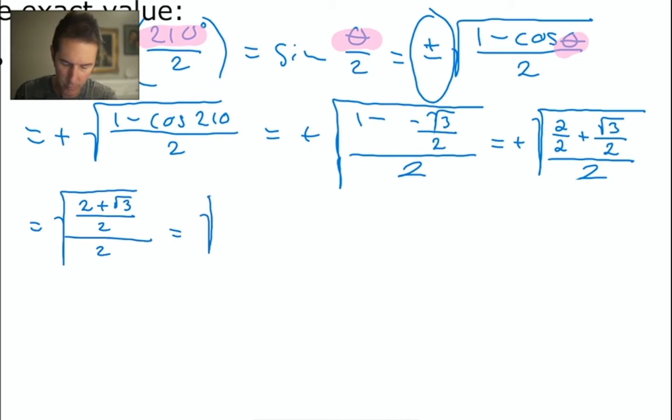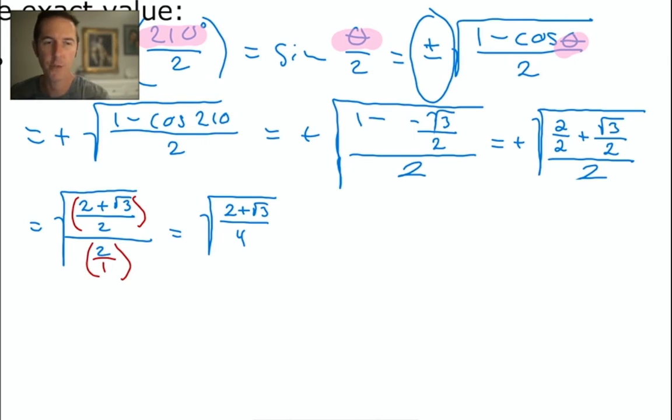So this is equal to the square root of 2 plus the square root of 3 over 4. Or if you want to think of this 2 in the denominator as 2 over 1, and you want this to be a fraction divided by a fraction, and you want to keep change flip, then you'll end up with this 2 in the denominator with this 2, and 2 times 2 will make 4.